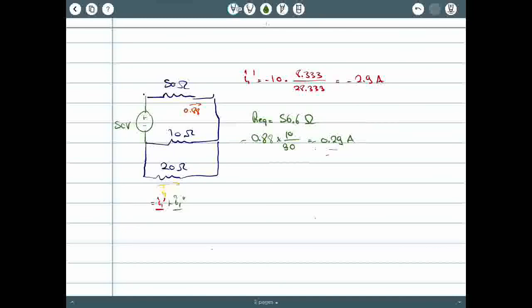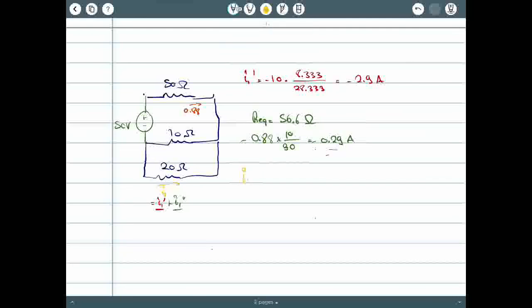So the algebraic sum is gonna be equal to minus 2.9 minus 0.29, that's gonna be minus 3.19.